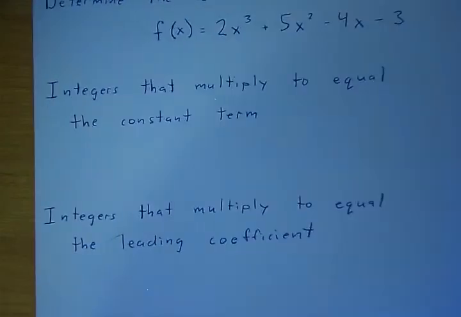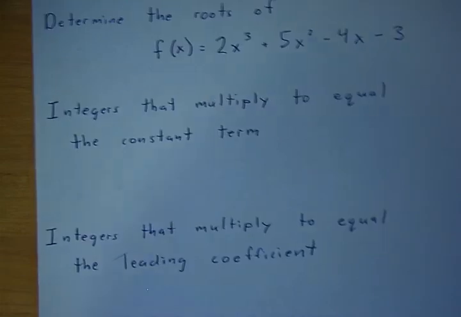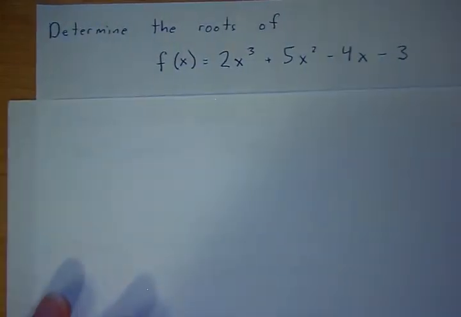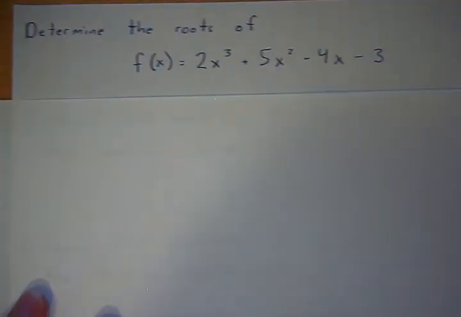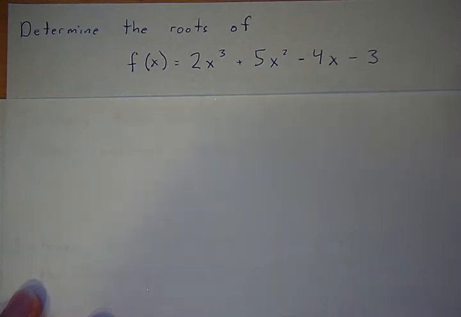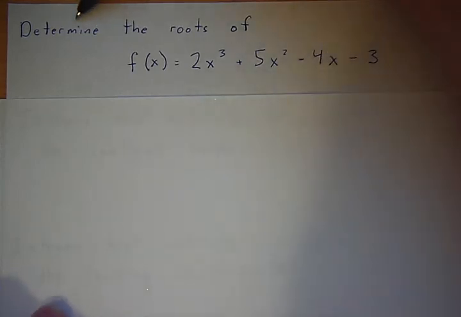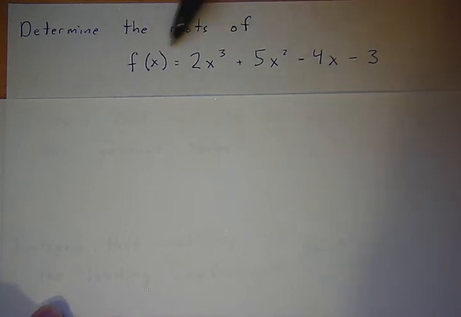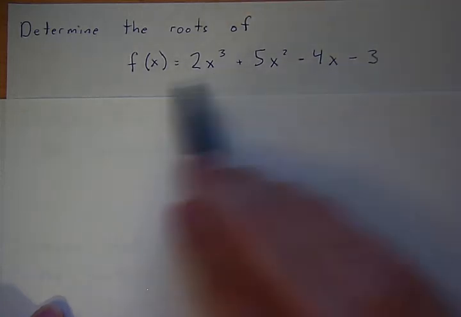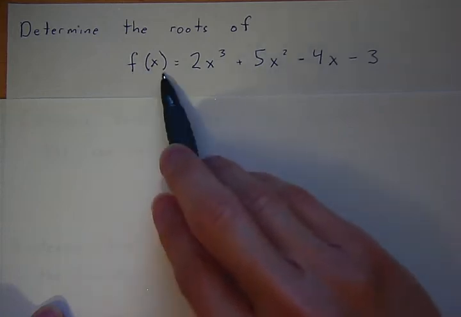Okay, let's do an example of this. Let's say you are asked to determine or find the roots of this polynomial f of x. Once again, the roots is the values for x that makes the y equal to 0.